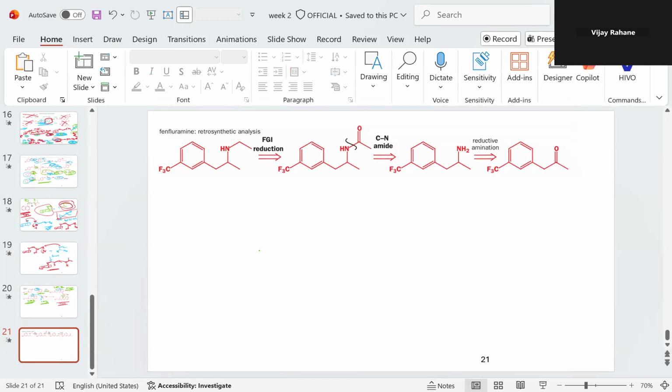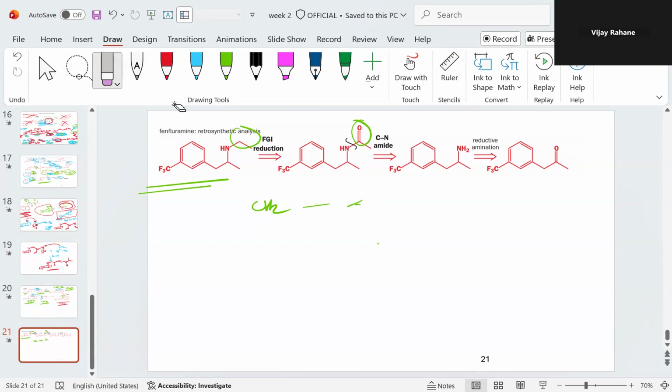If you look at this molecule, where is the FGI possible here? On this part, this was the CH2, and upon functional group interconversion, this will be the amide. So this CH2 part is now the amide keto part, right? That's basically the FGI.